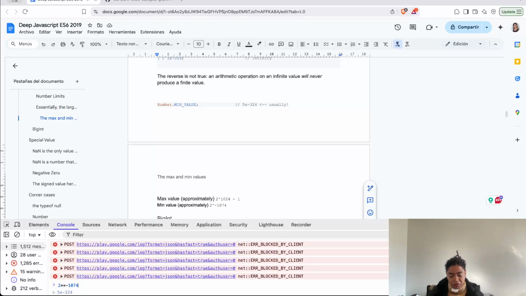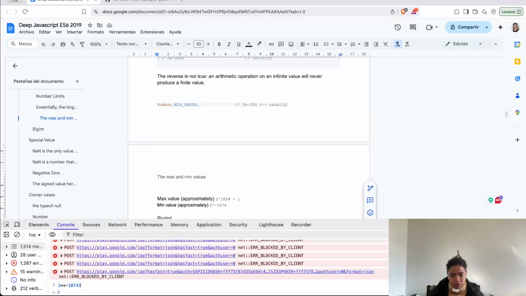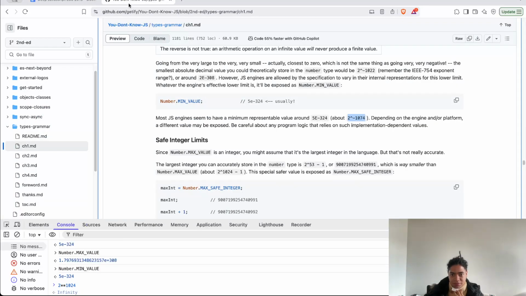And if you add another number here, interesting, it now gives you 0 here. Anything bigger in the negative sense than that, or any smaller number, is going to give you this.